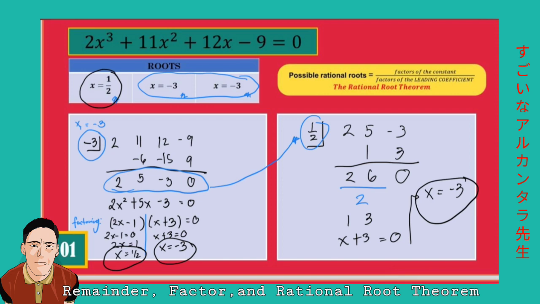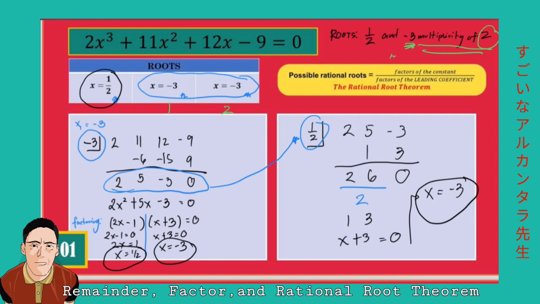Your actual roots here, guys, is 1 half as your first, and negative 3 with multiplicity of 2. So the meaning of multiplicity of 2 is simple. How many times did it repeat? 1, 2. Hence, 2. The negative 3 is your root.